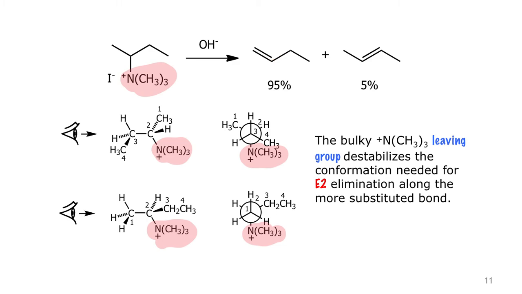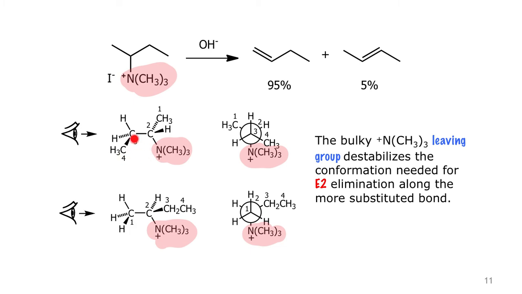If we look very closely at the conformations that the molecules have to adopt in order for this reaction to occur, we can see that in this situation, the conformation that leads to the Hofmann product is considerably less strained than the conformation that leads to the Zaitsev product. So that's what's shown here below.